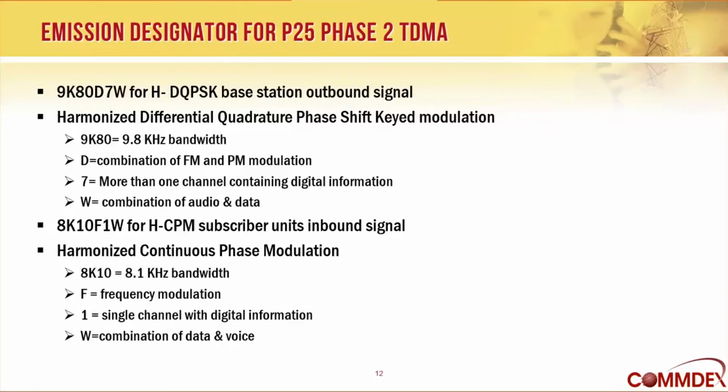The 1 again means it carries a single channel with digital information. And the W means it's a combination of data and voice. Okay. So remember on the TDMA, it's the outbound side that's doing the TDMA.